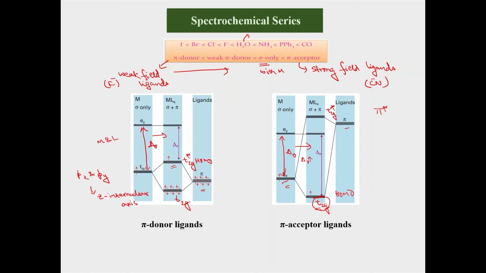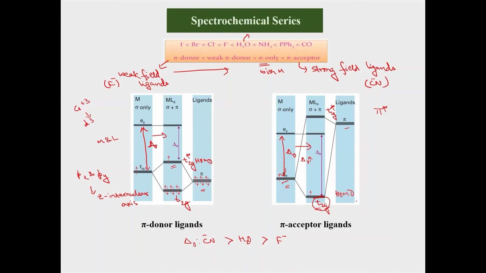So in this question, we saw that chromium had a plus 3 oxidation state, so it was a d3 system, and therefore delta O decreases in case of fluoride. For H2O, it will lie somewhere in between, and for the pi acceptor CN minus, it will be the maximum.